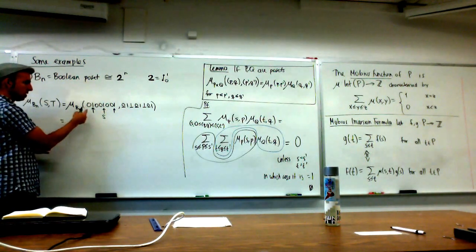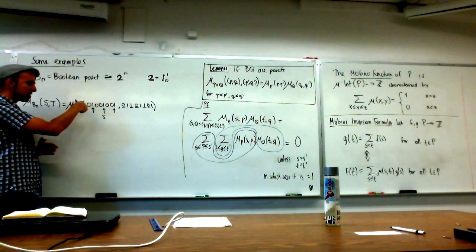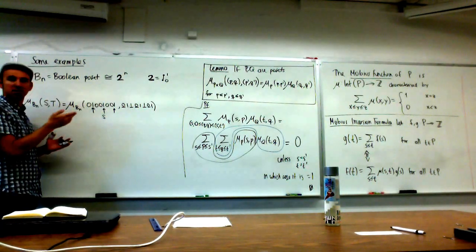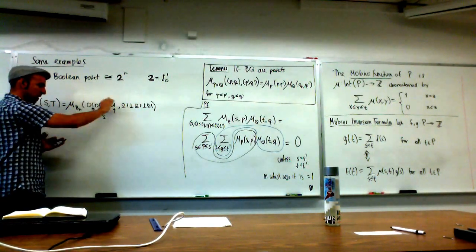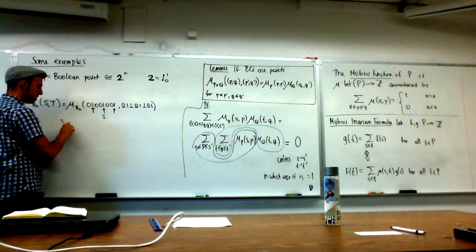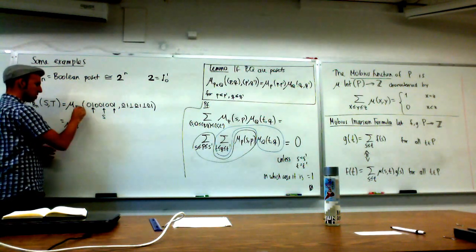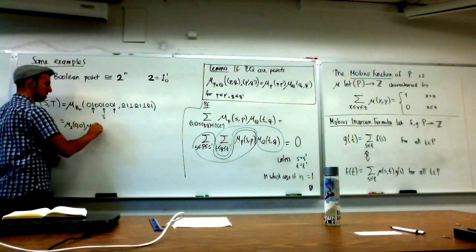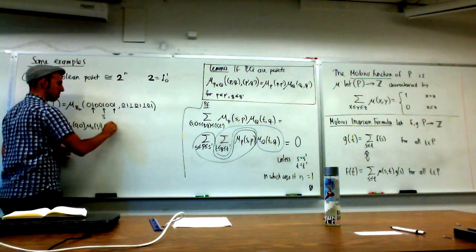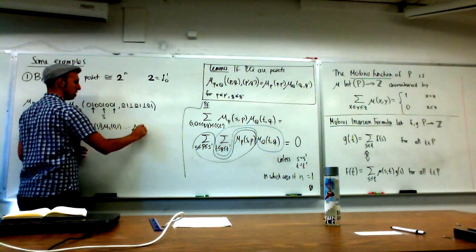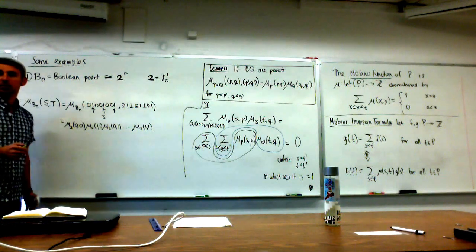I'm being a little bit lazy, but I should really make this a vector, with parentheses. And so this is the same thing as mu in the 2 poset of 0, 0, mu in the 2 poset of 1, 1, mu in the 2 poset of 0, 1, etc.